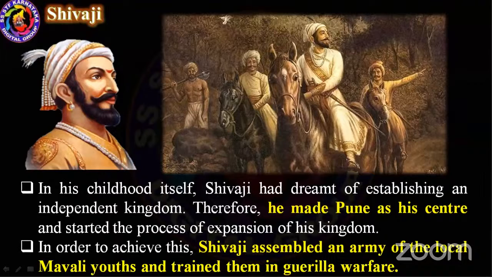The entire army of Shivaji was divided into small groups, and told to hide in secret places. Whenever the enemy's army arrived in the battlefield, suddenly, without giving any information, they attacked the army. This type of war was called guerrilla warfare.